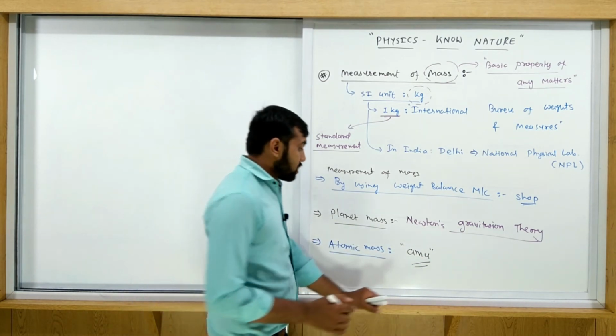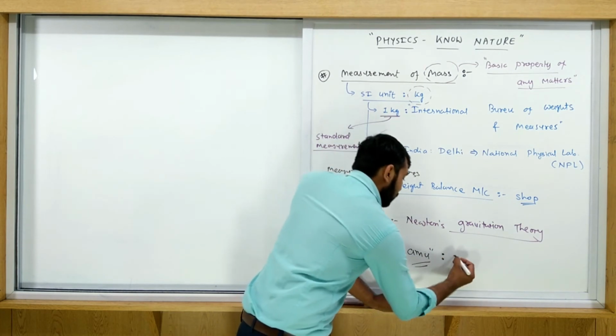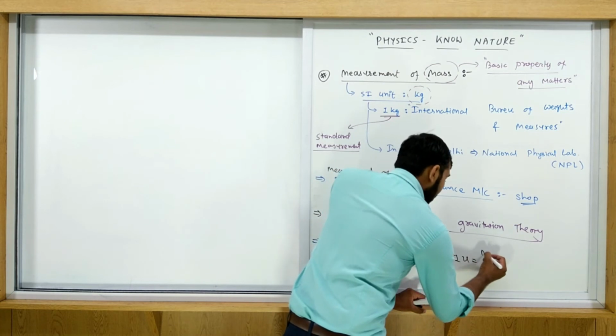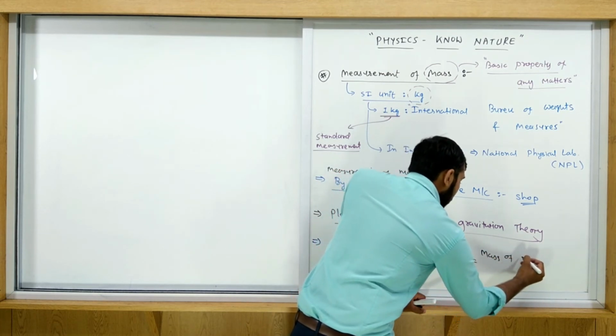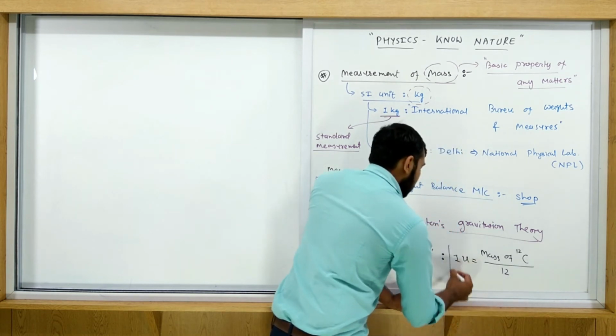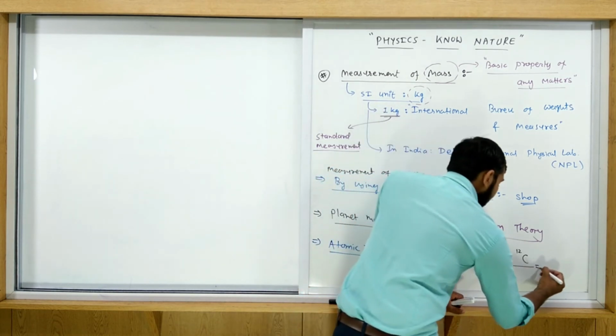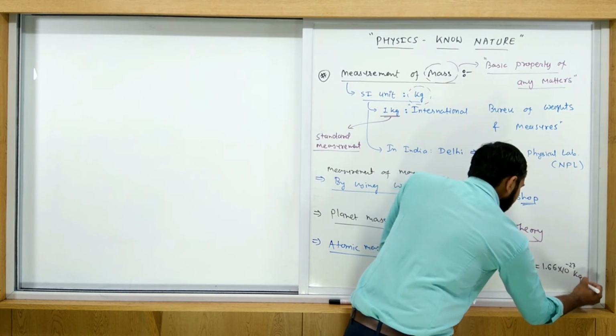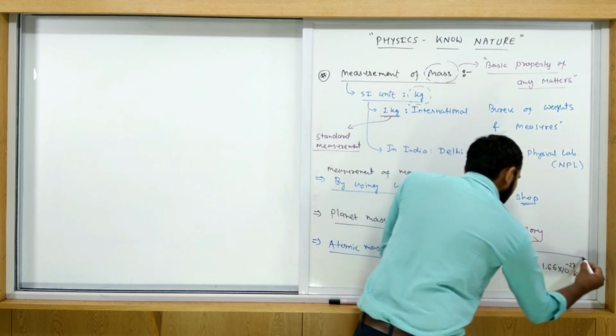What is an atomic mass unit? 1 atomic mass unit is equal to the mass of carbon 12 upon 12, and its value is 1.66 into 10 raised to minus 27 kg.